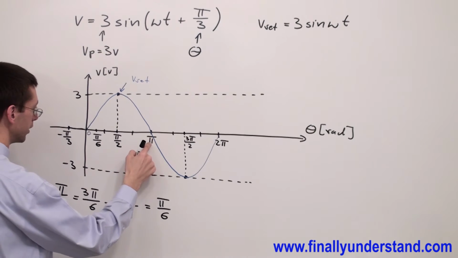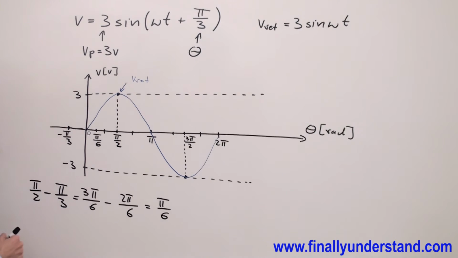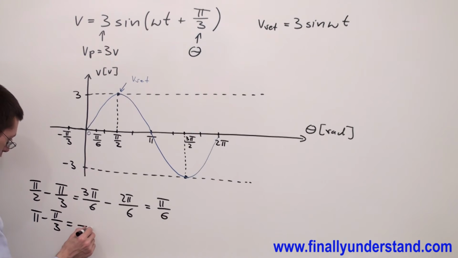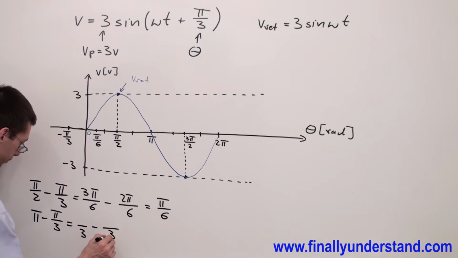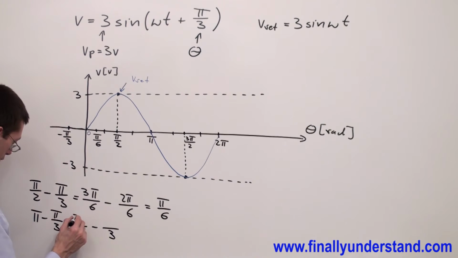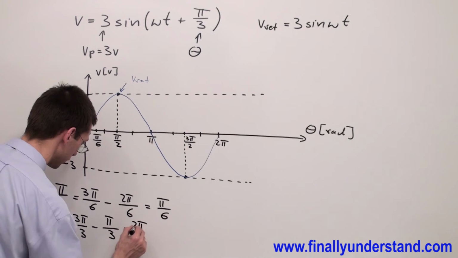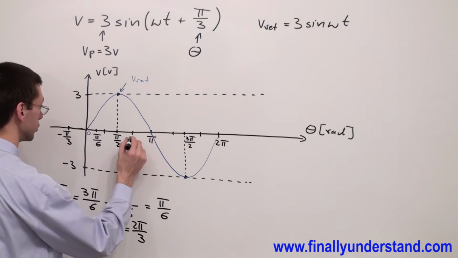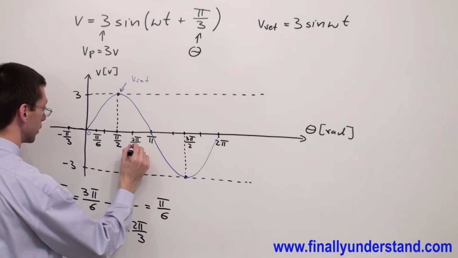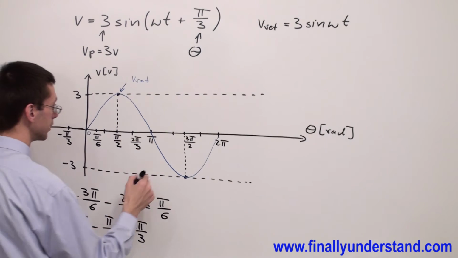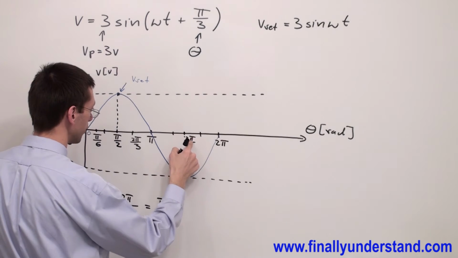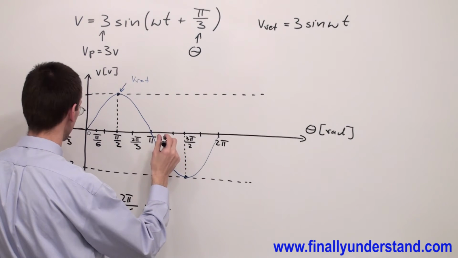Next, I have to move my pi by pi over 3 to the left side. So simply subtract pi minus pi over 3. The common denominator is 3. That's why I'm going to have 3 pi over 3 minus pi over 3, which is equal to 2 pi over 3. This is going to be 2 pi over 3. Next, I have to move 3 pi over 2 by pi over 3.